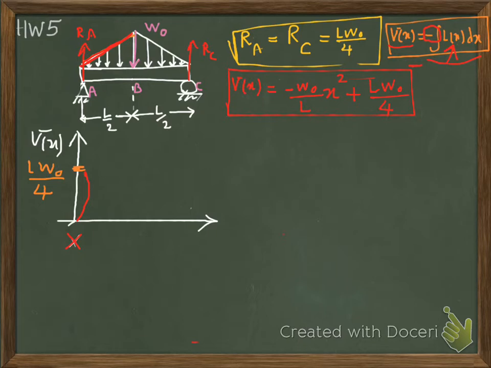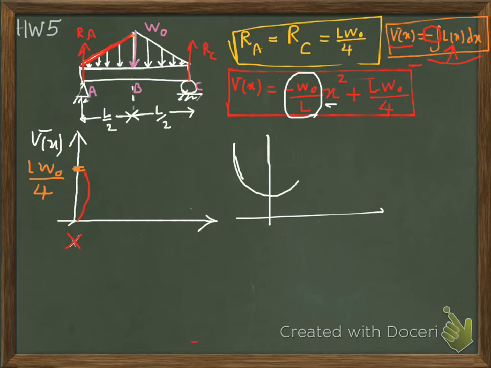Alright, so I'll give you a quick recovery from your math classes. If you look at such a function, which is essentially a quadratic function of degree 2, if this number is a positive number, you remember, it would look like something like that.